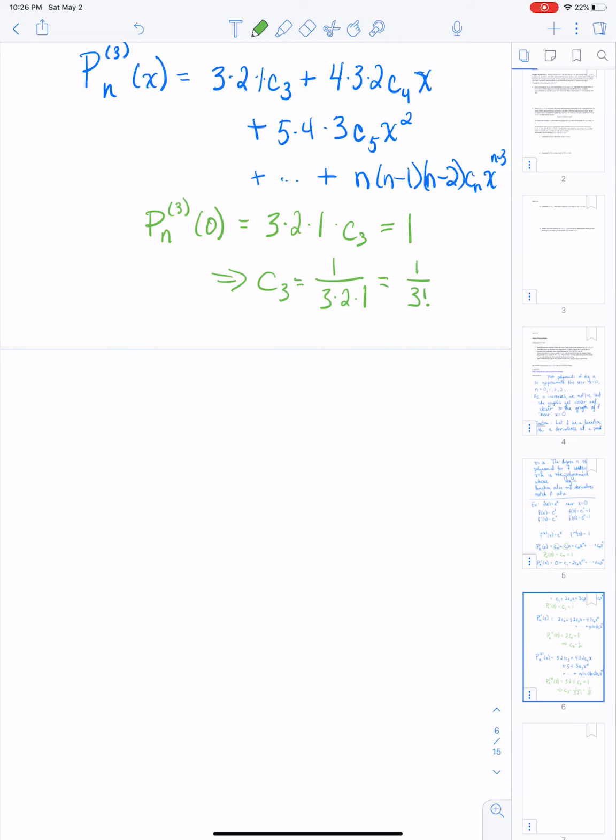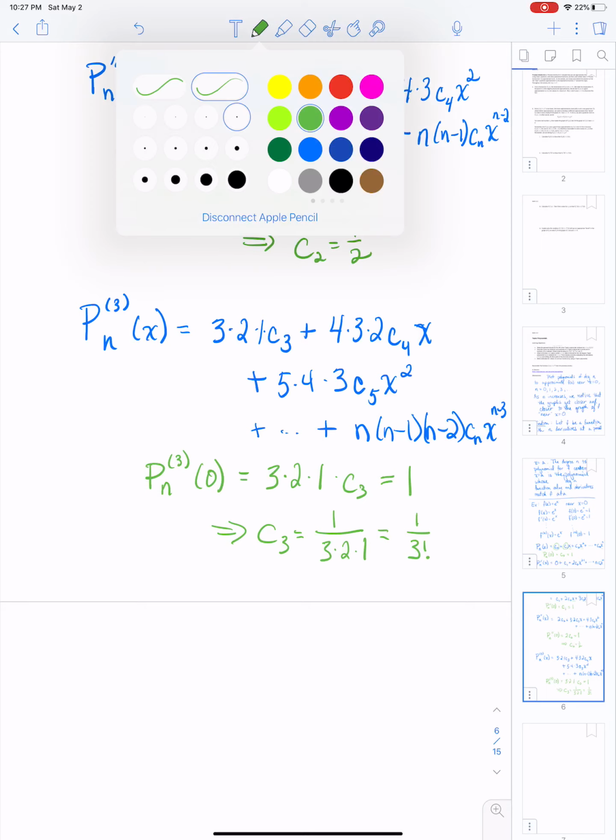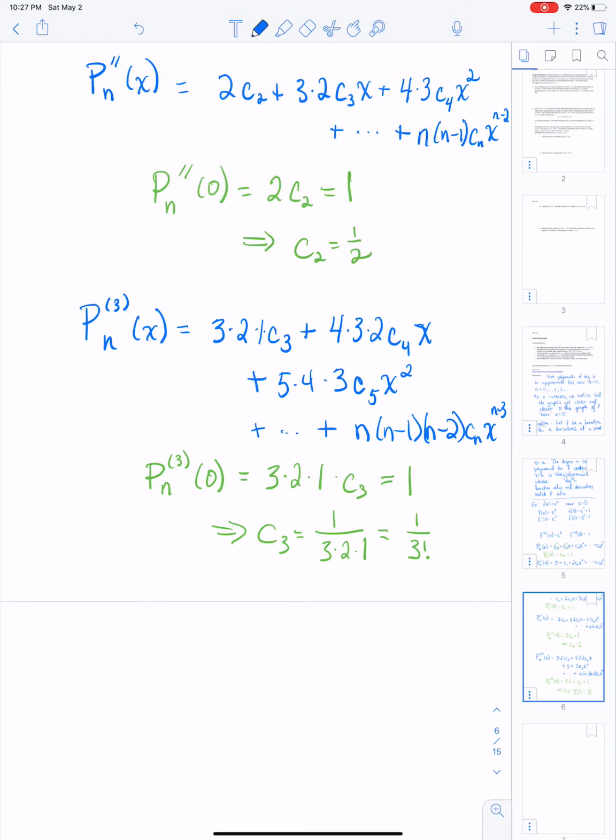and so we can continue in this fashion, and we can write down just by matching these patterns. Let's talk about the kth derivative of P with respect to x. Notice here that every time I take a derivative, we apply the power rule, and so I should be getting another term multiplied here.